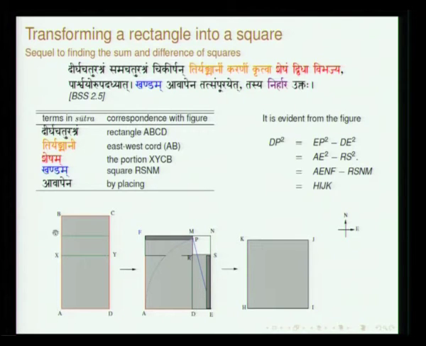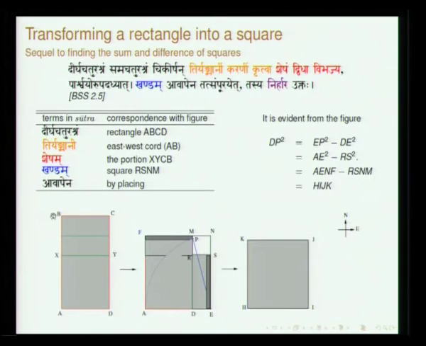We have ABCD, a rectangle. Now, we want to transform this rectangle into a square. There is a certain prescription given in the sutra. This has two sides which are unequal: one is AB, the other is BC. AB is Parshvamani, BC is Tiryang Mani.